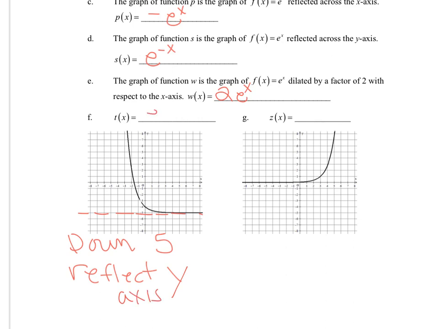So it's going to be e to the negative x minus 5. Okay, so then for g, hasn't been moved down at all, but it looks like our first nice point is over here at 3. So that's to the right 3. So that's e to the x minus 3. And the minus 3 is in the exponent, so it's e to the x minus 3.